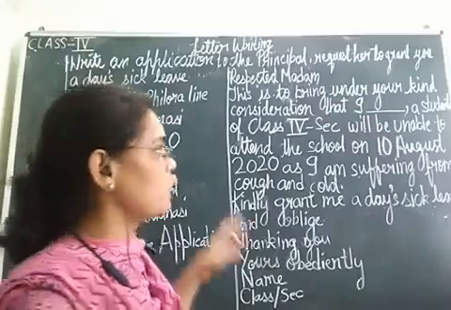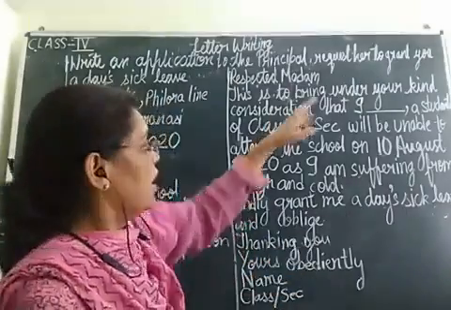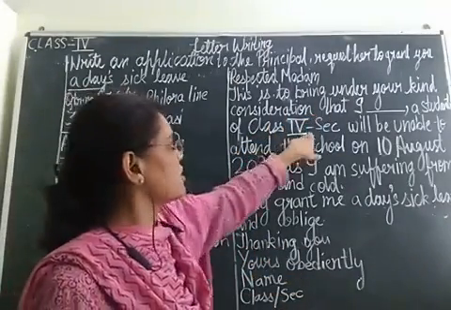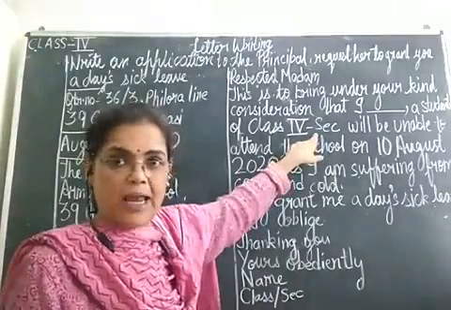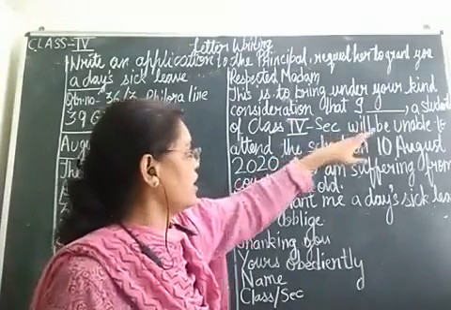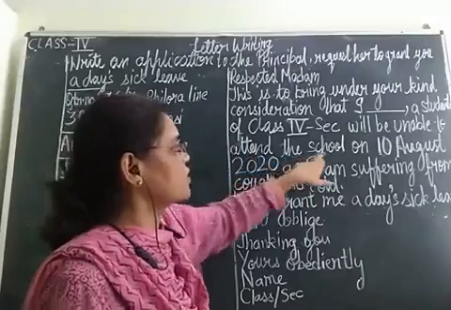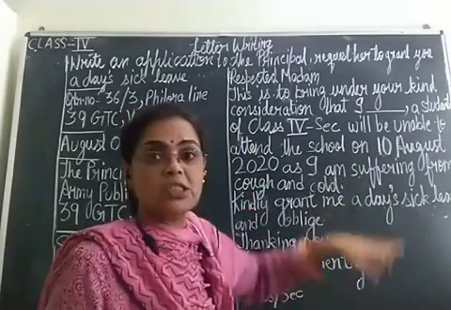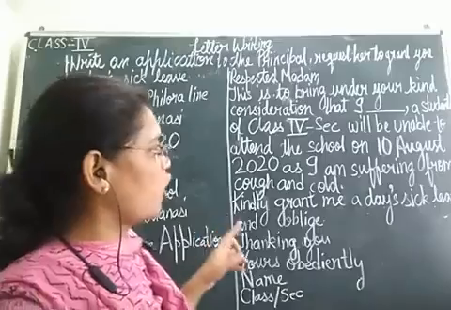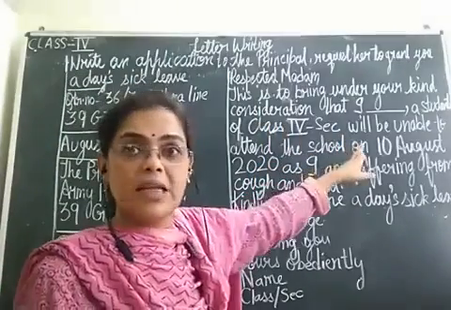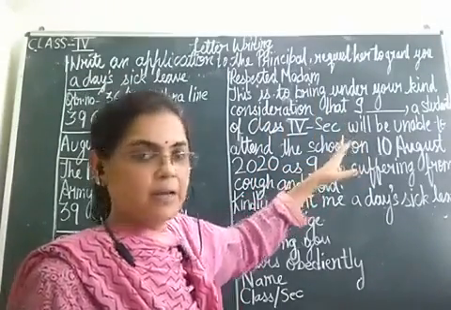You need to write your name, surname both. A student of class 4th, mention your section as well, will be unable to attend the school on 10th August. I have taken 10th August because 9th is Sunday. Fine.